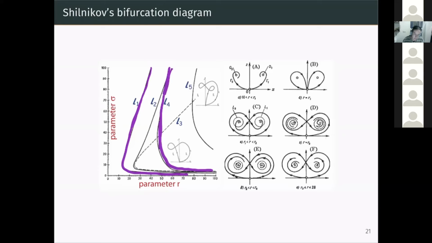In between them, we have this curve L2, where you have this switch from this picture, where I have my trefoil, to this picture, where the separatrix goes around the boundary of the attractor, to this region where you have the Lorentz attractor. There will be another curve where you lose the foliation, and here there's this domain where the Lorentz attractor exists.